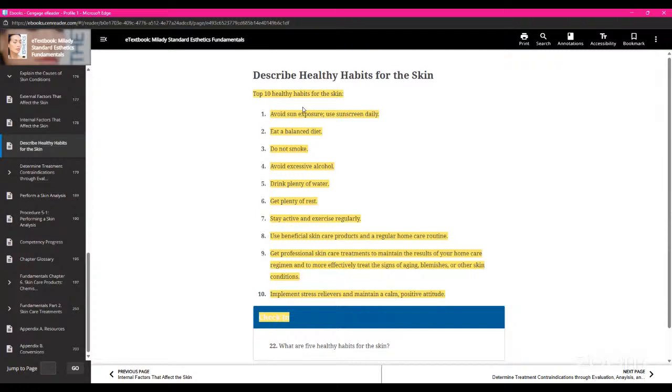So we know the internal issues, and then we know what we should be doing or how they can participate to make their skin look even healthier. It may sound like you're a counselor sometimes, but definitely this is the wellness side. And this wellness side should be pushed right as much as the aesthetic side.